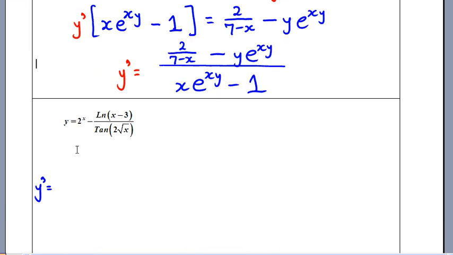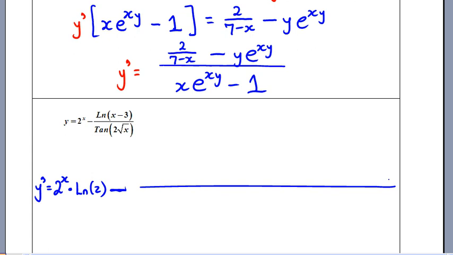So the first part here, that's going to be 2 to the x multiplied by a ln of 2. Okay, not so bad. Then minus, and now here comes something that's probably going to be some horrific looking quotient rule. Let's get ready.